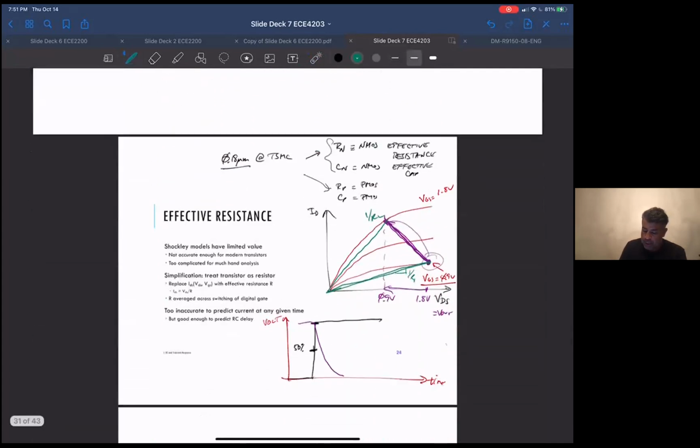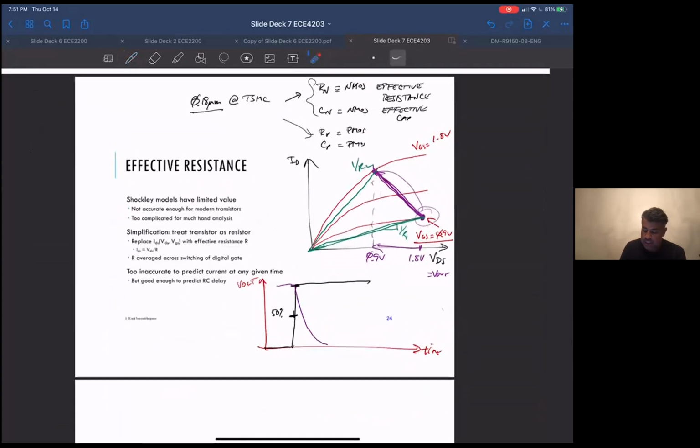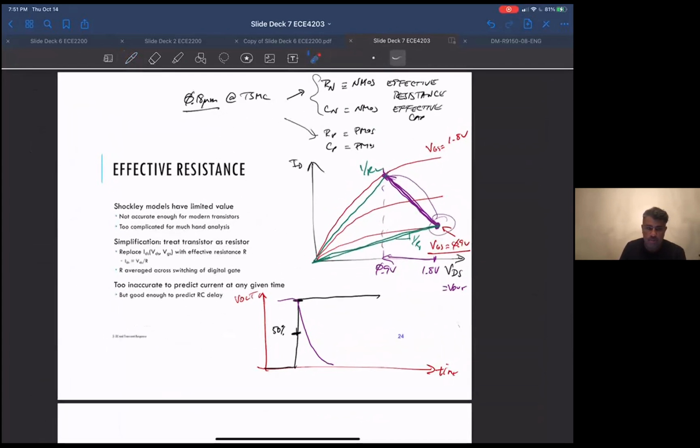But anyway, you're doing this really, I guess it's pretty hokey, let's face it, method of coming up with an average resistance that's going to give you an average effective current for this transition, which in reality is a really complicated transition of your input and your output.